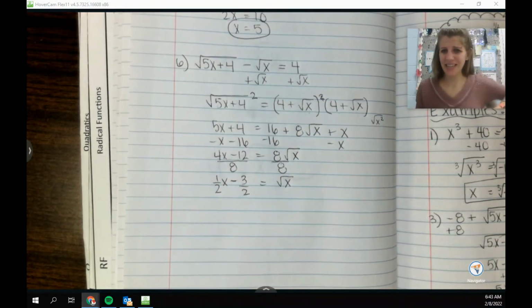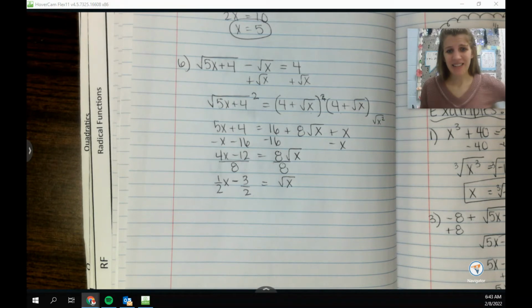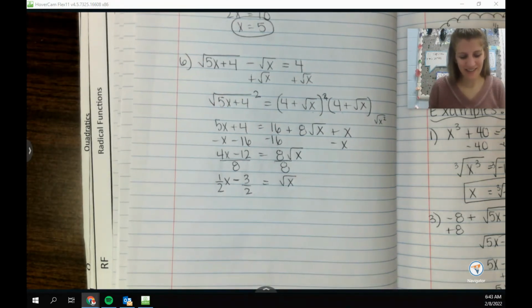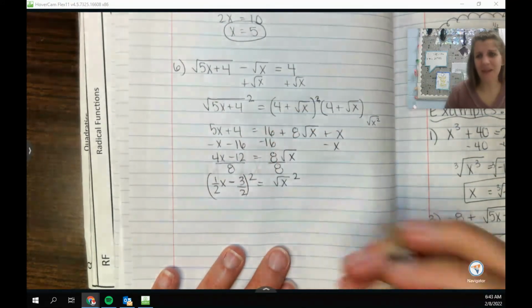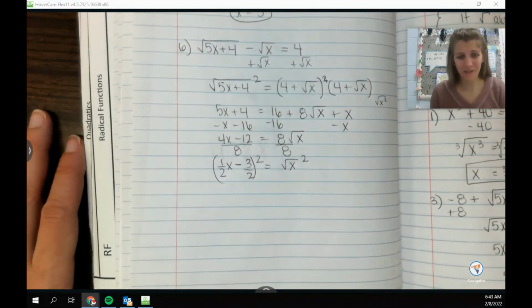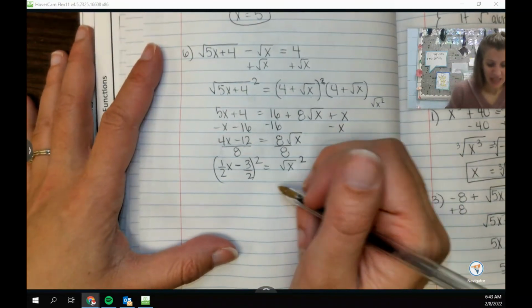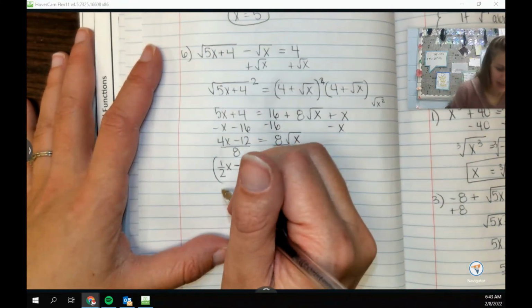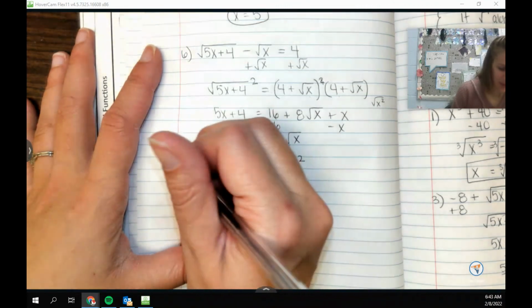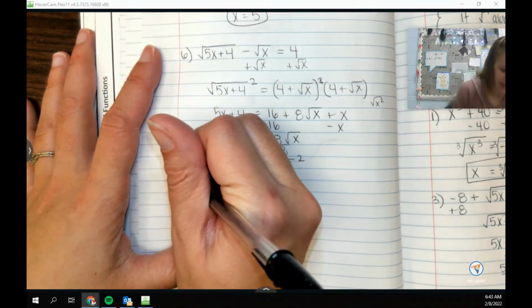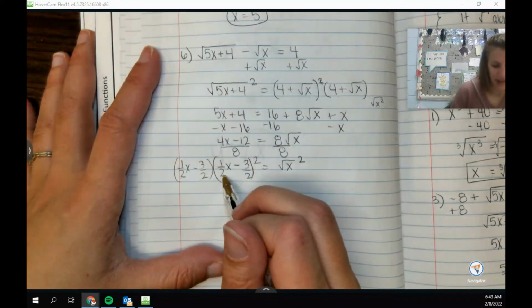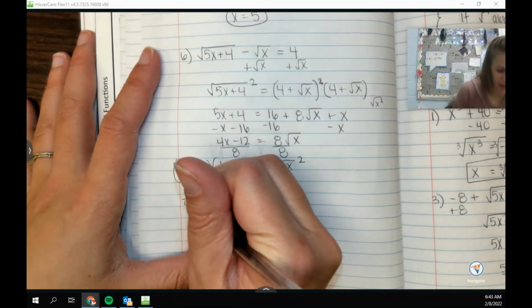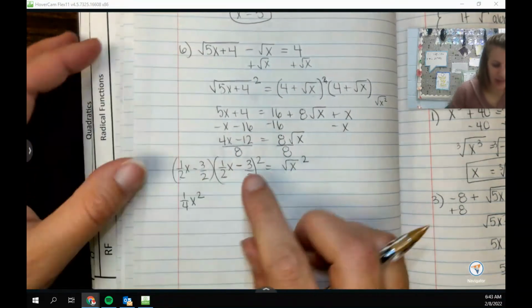Oh my word. And now I think we just have to square it to get rid of that. Oh, square it again. And I'm squaring two things, so I'm going to have to FOIL again. This is awful. What was I thinking? And so I'm going to write it twice. So half times half is a fourth x squared.